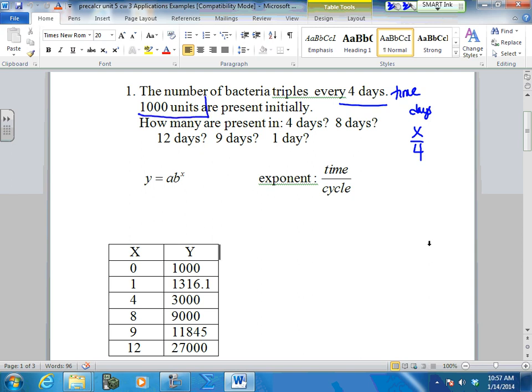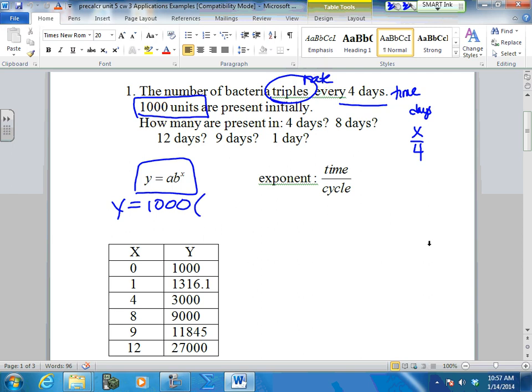Initially, I start with 1,000 units of bacteria. We want to know how much bacteria is present in 4 days, 8 days, 12 days, 9 days, 1 day. How much bacteria will be present? My bacteria is growing. It's increasing, right? And I want it to triple. This is my rate. So we start here with the basic formula. What is my A?